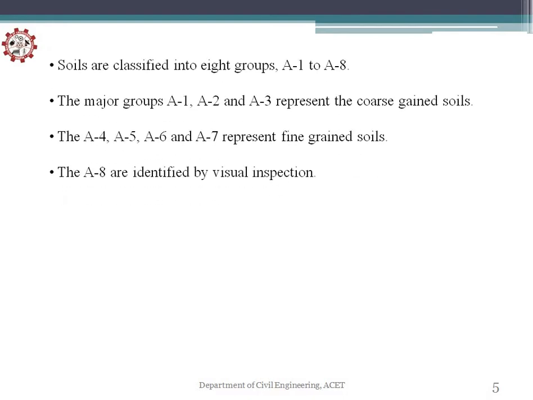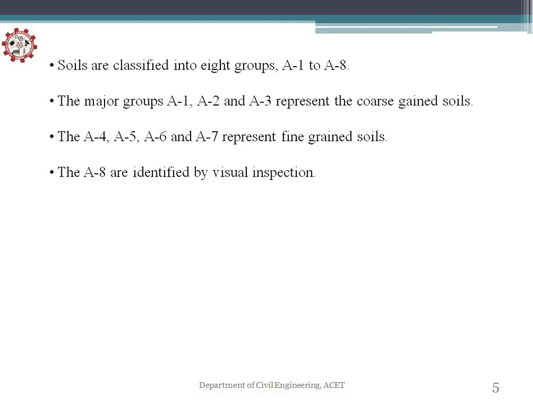The soils are classified into 8 groups, A1 to A8, and the major groups A1, A2 and A3 represent the coarse grained soils, and A4, A5, A6 and A7 represent fine grained soils. A8 are identified by visual inspection.